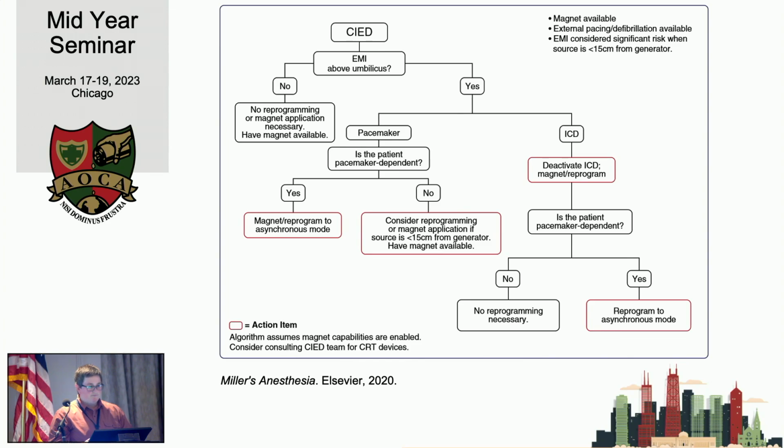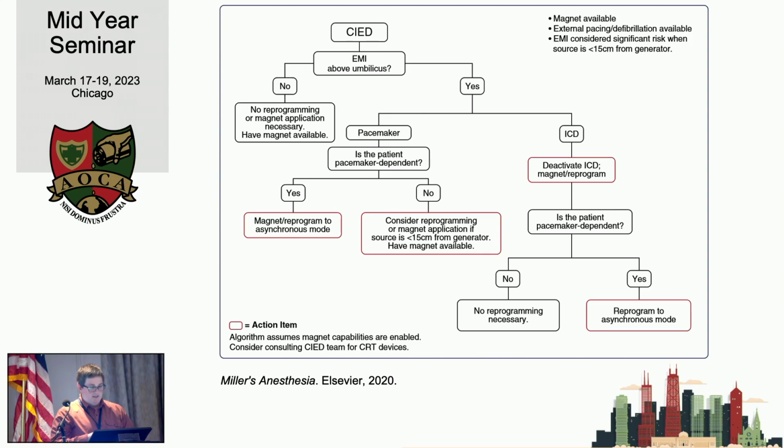If the patient's not pacemaker dependent, you can consider reprogramming it, but you don't necessarily need to, and you can just have a magnet available, again, depending on how easy it is to place the magnet during the case if you run into any issues. And then if the device is an ICD, you want to deactivate the ICD component if there's going to be Bovie above the umbilicus.